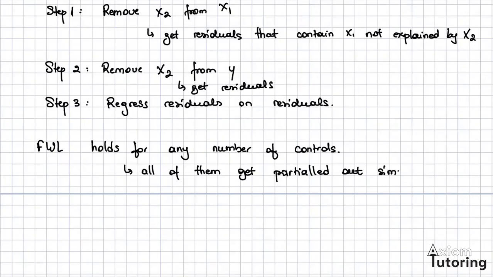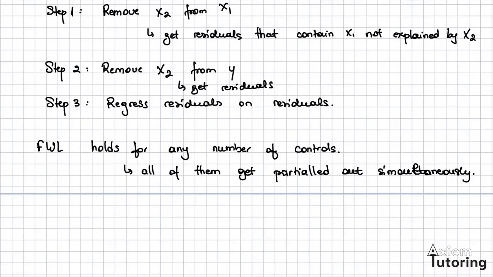This is why multiple regression is so powerful. No matter how many controls you include, beta 1 always reflects the variation in x1 that is independent of all of them because they have been held constant.